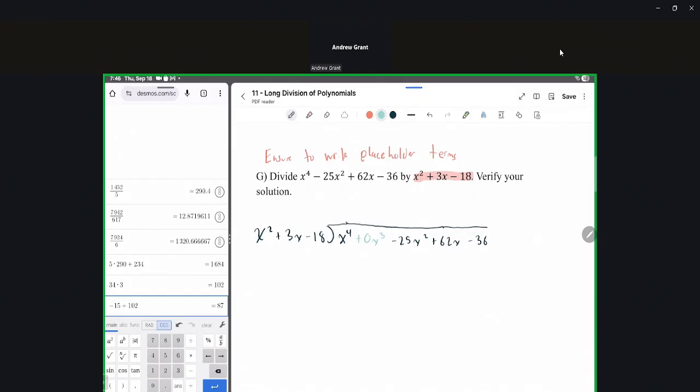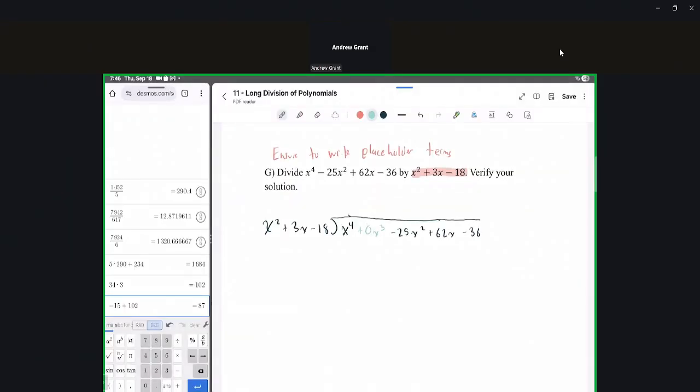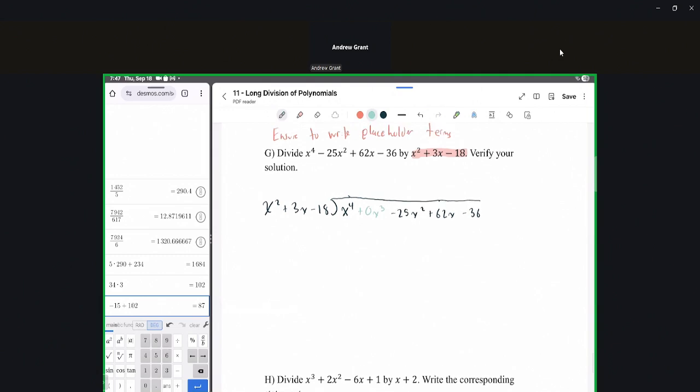The reason why we need it is because when we do the subtraction, you might be thinking, oh, this seems pretty reasonable, right? What's our next step here? Well, the only thing that's going to change is that we now have a quadratic term, but we're still going through the same process. So the question is how many times does x squared go into x to the power of 4?